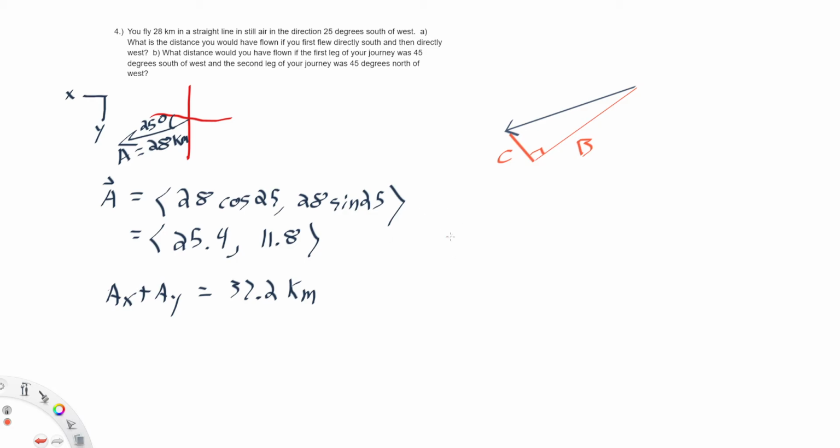I think the simplest way is to realize that whether you take path A or you take path B plus C, you end up at the same spot.